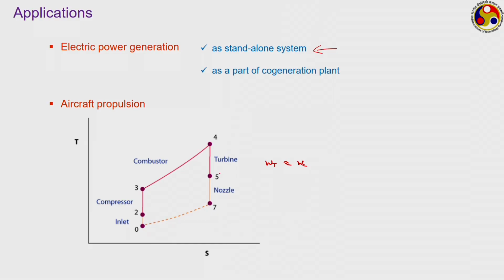Then, the hot gases coming out of the turbine are allowed to pass through a nozzle, so that they go out at very high velocity, and the reverse thrust it produces, think of Newton's third law of motion, moves the aircraft in the forward direction. If you are interested, you can explore more on aircraft propulsion cycles.